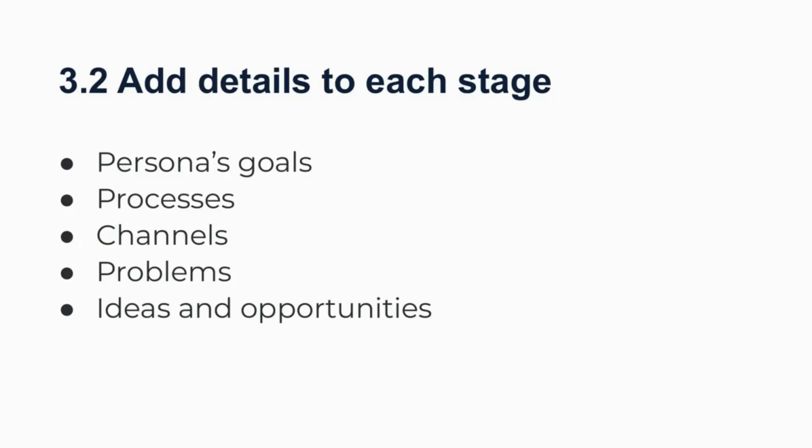We need to identify a persona's goals. What a student persona wants to achieve. Being on the same page with the customer helps you adjust your offerings and improve communication. So as for process, what the persona does to reach their goals. Describe how they act at each stage of their journey.